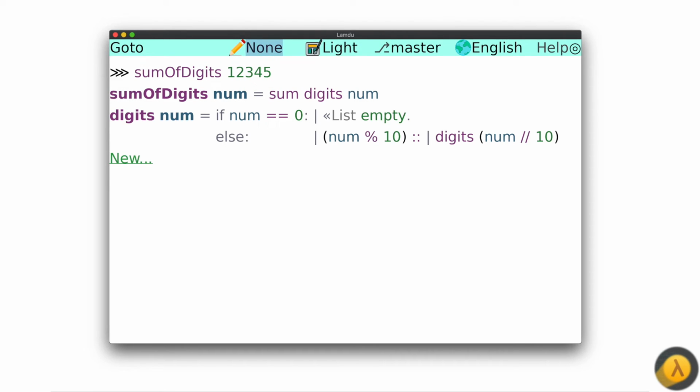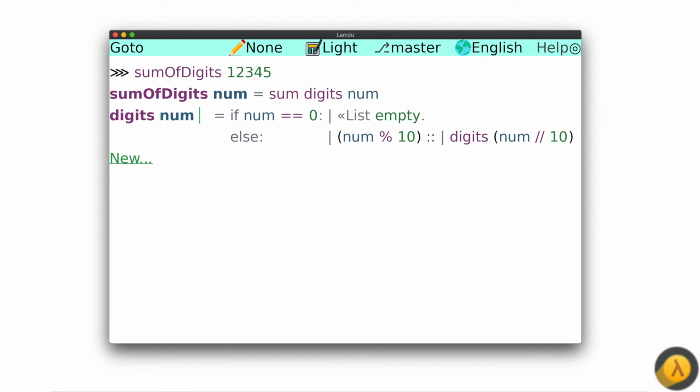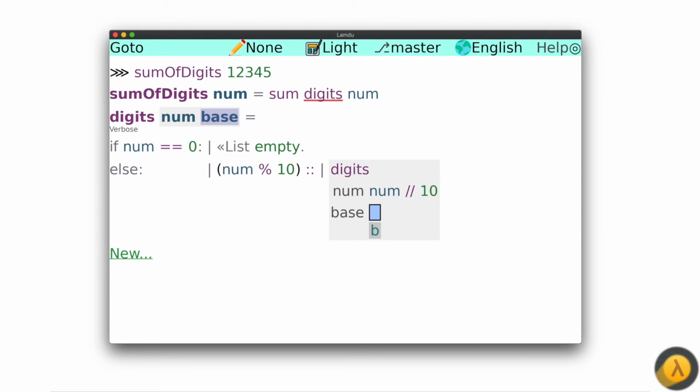Now, let's modify the digits function so that it works for any given base, not just base 10. As we've added the base parameter, a few things happened. One cosmetic thing that happened is that Lamdu's auto layout split the line so that the code fits within the width of the window. Also, as we've added the parameter, the recursive call to digits got the new parameter added to its call.